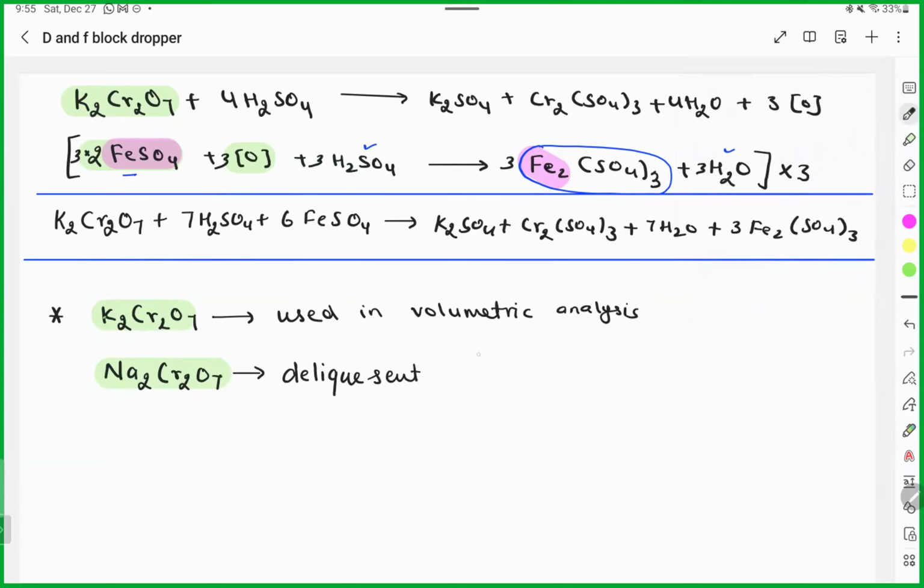What does it mean? It simply means Na2Cr2O7 absorbs moisture from the environment. Because it absorbs moisture from the environment, your product will not be efficient.